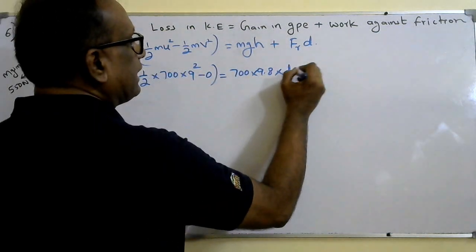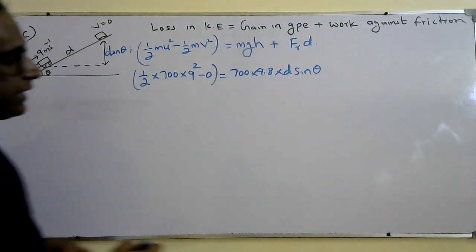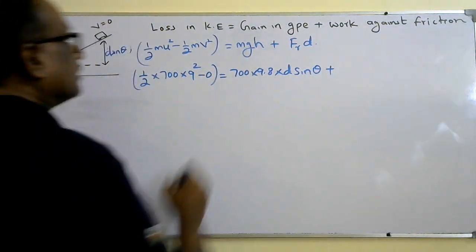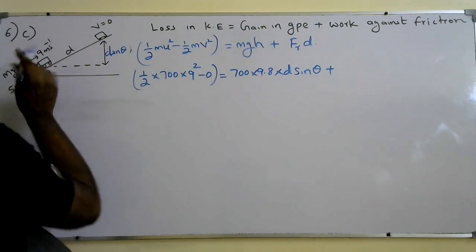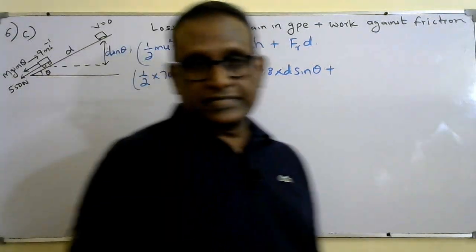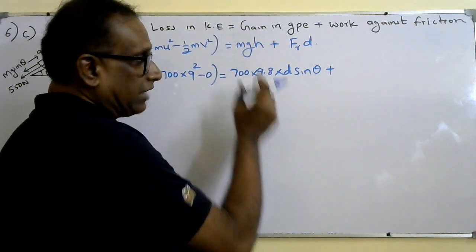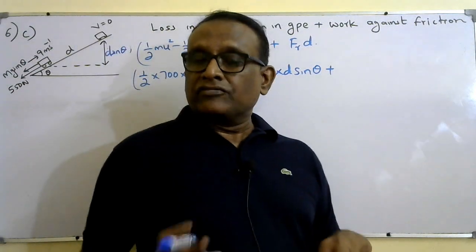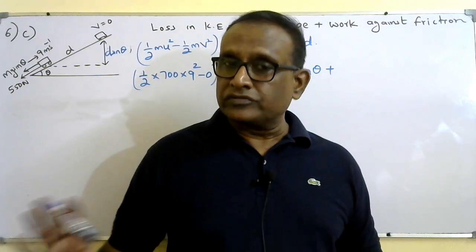We need to find d sine theta. Sine theta we know is 1/14, plus friction. Friction is 550, not mg sine theta. The mg sine theta we should not take as work done against friction, because of mg sine theta we have gain in GP. Careful, students make the mistake that when finding the work done against friction, we should not include the component of the weight.